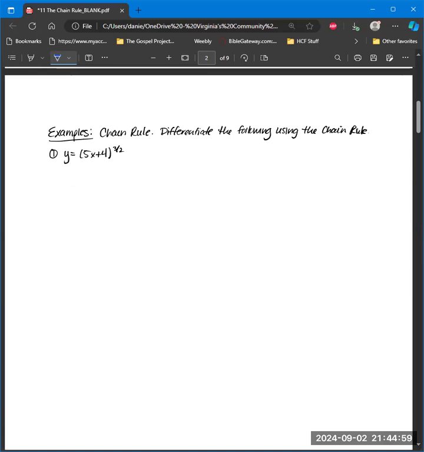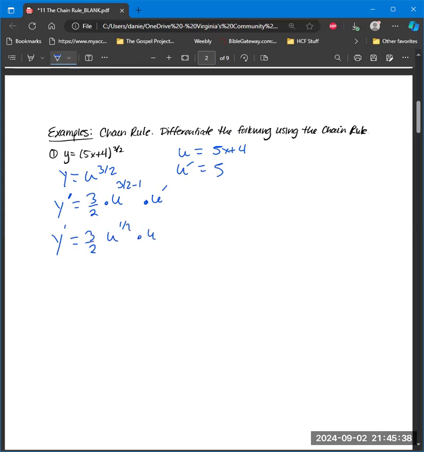Now we want to differentiate using the chain rule, where I'm just going to use u substitution here. It's going to be something that's going to be important for us to know later. So this is going to be u equals 5x plus 4, and u prime is going to be 5. We say y equals u to the 3 halves, y prime equals 3 halves times u to the 3 halves minus 1 times u prime. So y prime equals 3 halves u to the 1 half times u prime.